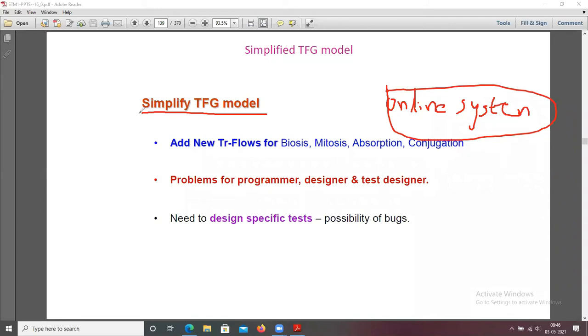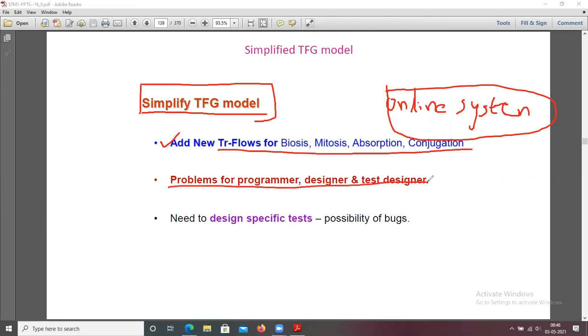Simplifying the TFG model means adding new transaction flows for biosis, mitosis, absorption, and conjugation, and it creates problems for programmers, designers, and test designers. You can simplify these transactions because it is a transaction flow graph, whereas writing for a big online system is more complicated.